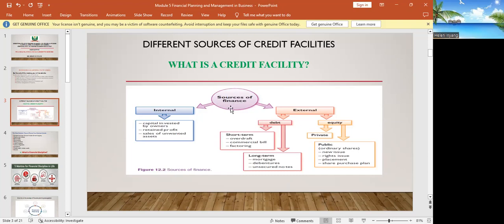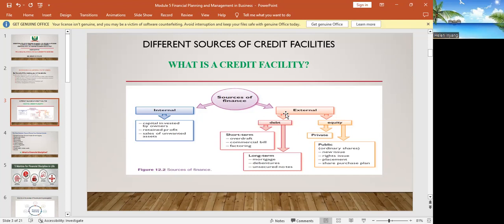Looking at the chart here, the internal credit facilities come from capital invested by the owner, retained profits by the owner, and sales of unwanted assets by the owner. When you are looking at the external, you see debts and equity.